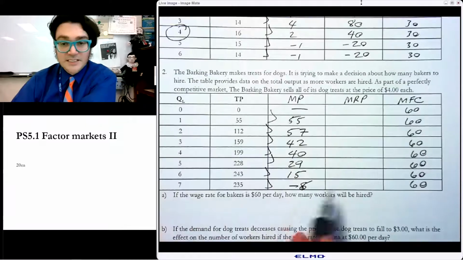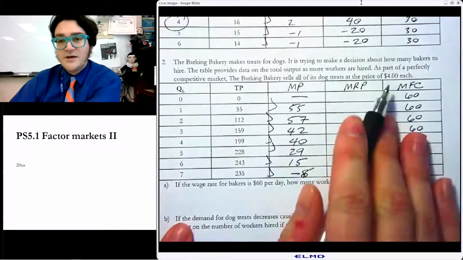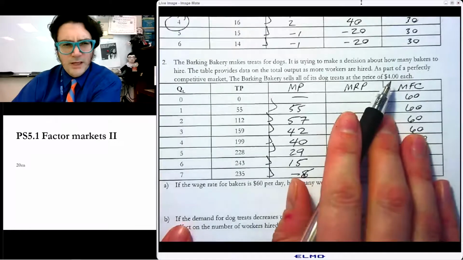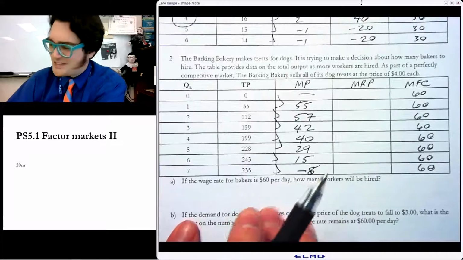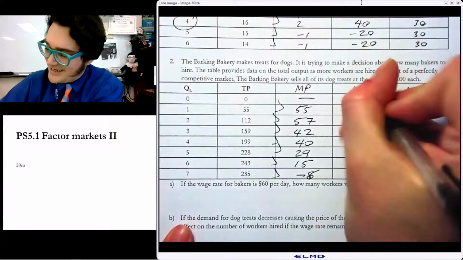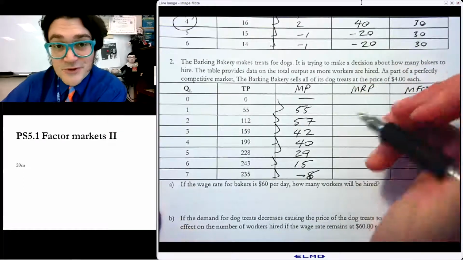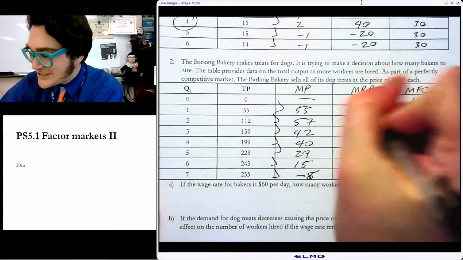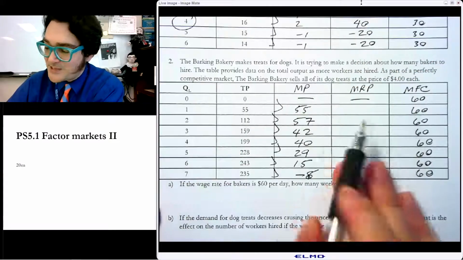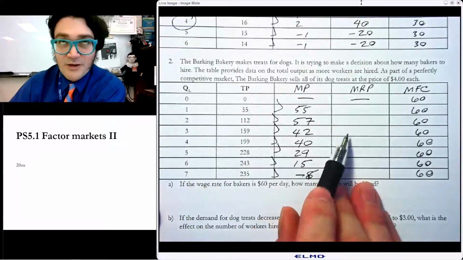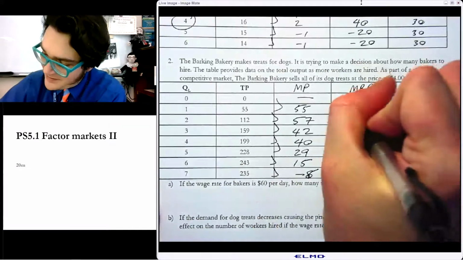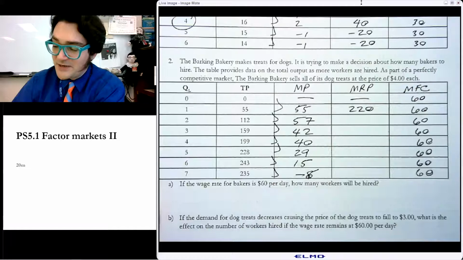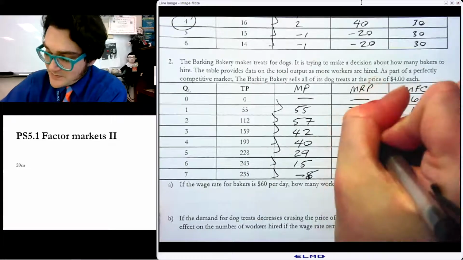So we're never going to hire that 7th one because they're costing us stuff. Times 4. Oh, why did you do this to yourself? Okay, note to self for future years: change the numbers and make them easier. There isn't any for the 0th because we're not producing anything. 4 times 55, 220. 4 times 57, 228.